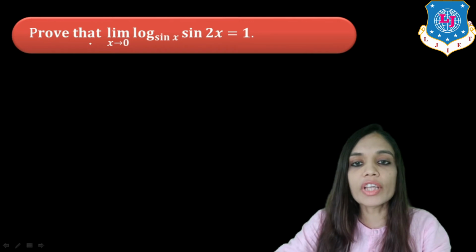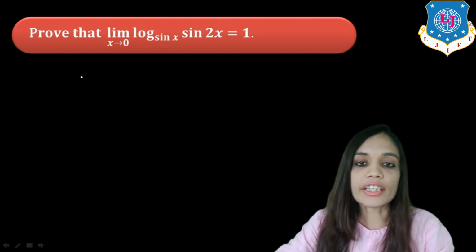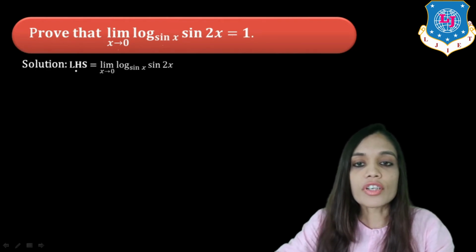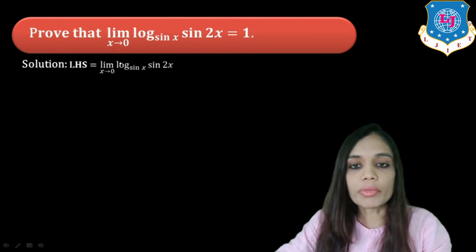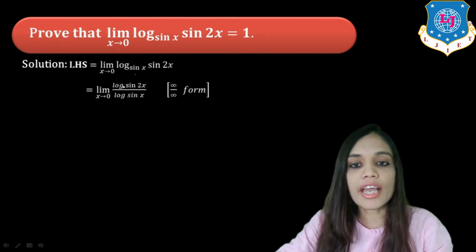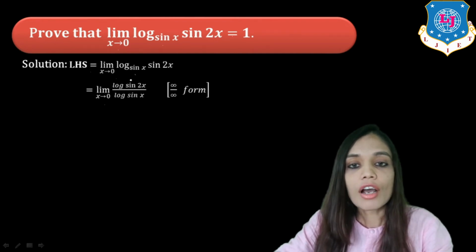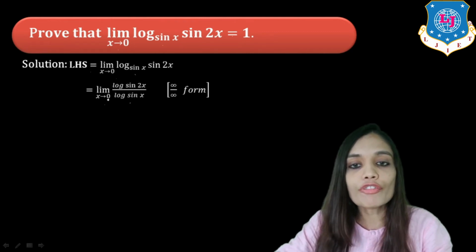Here we have to prove that limit x tends to 0 log sine 2x to the base sine x is equal to 1. So let us start its solution. Firstly we will begin with LHS. So LHS is equal to limit x tends to 0 log sine 2x to the base sine x. Now we simplify this as limit x tends to 0 log sine 2x upon log sine x, right, using our formula of log.